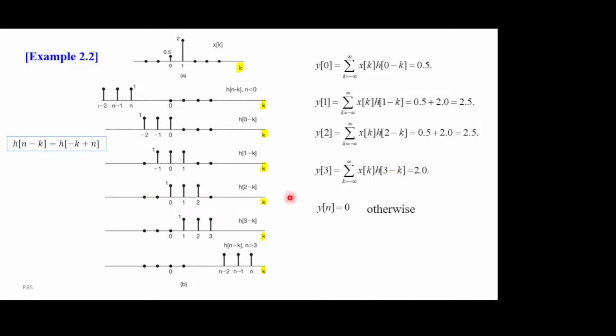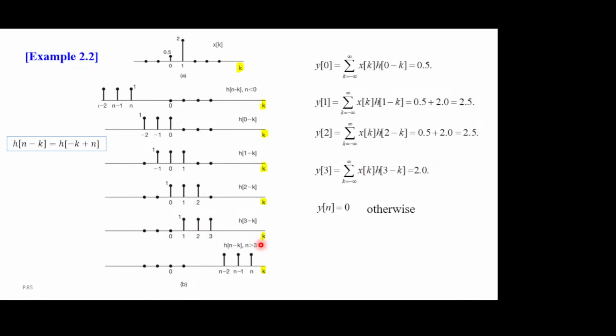And similarly, for n equal to 2, you pull this one more step, and your multiplication is 0.5 and 2, then you get 2.5. And for y of 3, you pull even more, then you have a 2 here by 1 times 2, so the whole thing is 2.